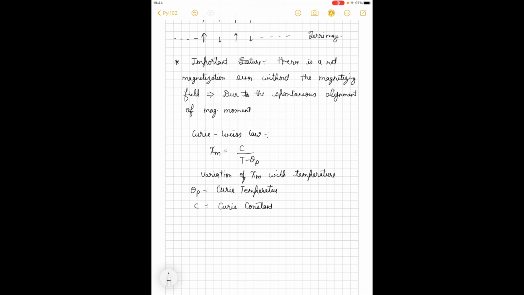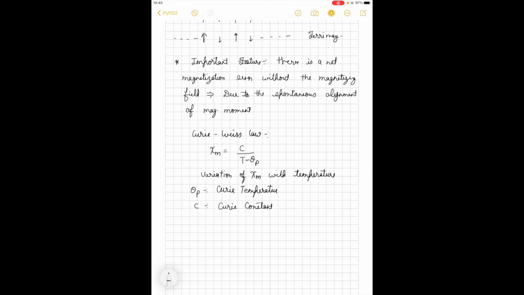First let me discuss the hysteresis loop, then I'll discuss something called the easy axis, such that whenever you see this kind of terminology, you know which direction we are talking about.